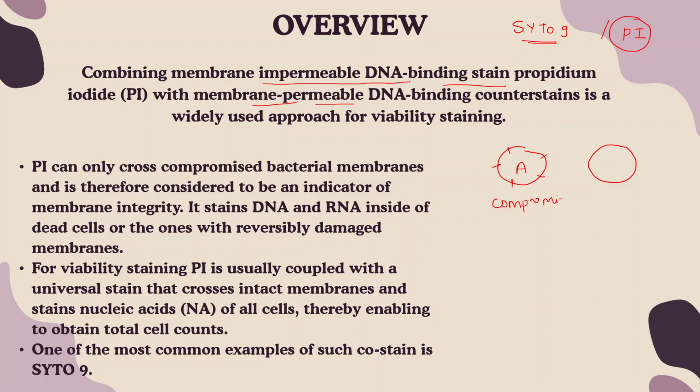Compromised in the sense it is fragile or fragmented at several points. For example, if you have given any kind of treatment, or if you are visualizing the cells for membrane integrity, then in this case you will be visualizing the compromised cells, which are treated ones, and another one is non-compromised.